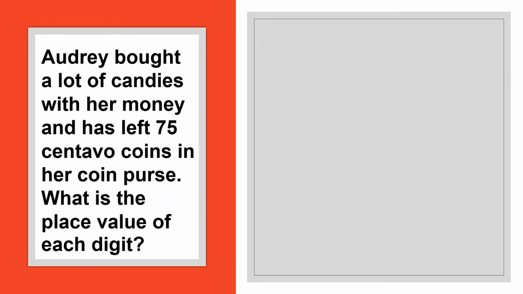Okay, now class, let's have our story problem. Audrey bought a lot of candies with her money and has 75 centavo coins left in her coin purse. What is the place value of each digit? So who bought the candy? Of course, Audrey.